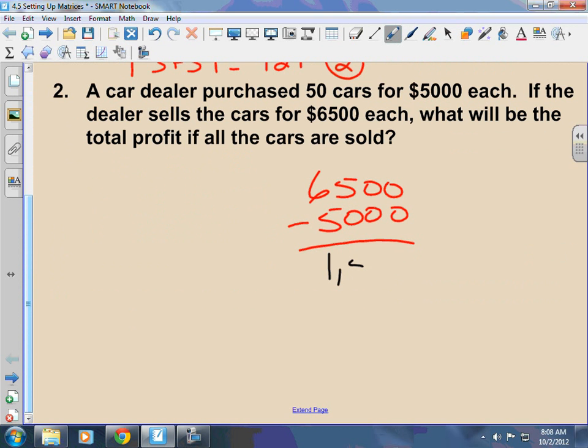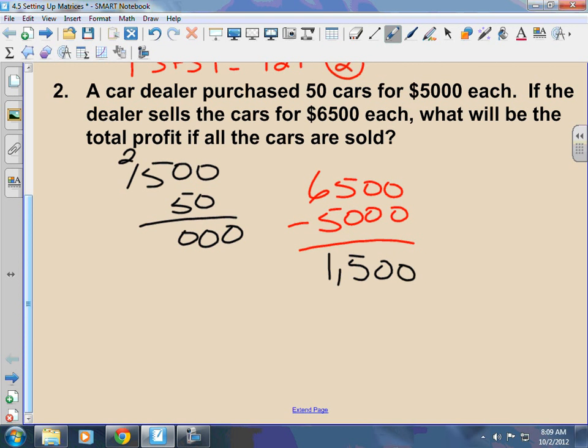That means he's going to make $1,500 on each car. Per car. How many times is he doing this? He's doing this 50 times. He'll make $75,000 on the cars.